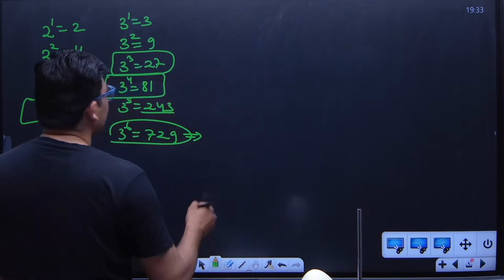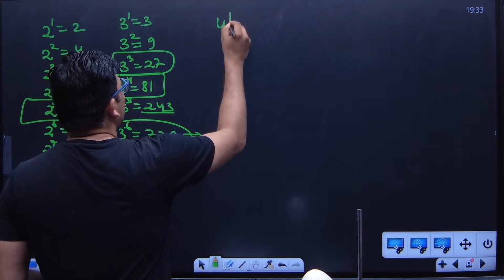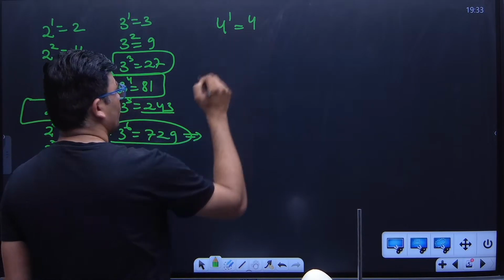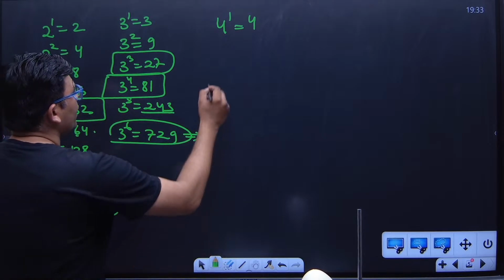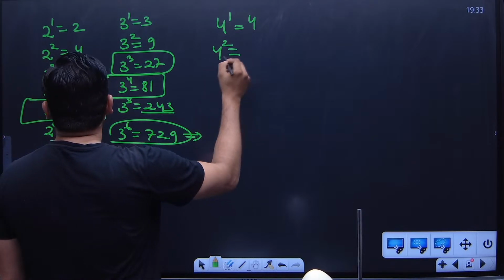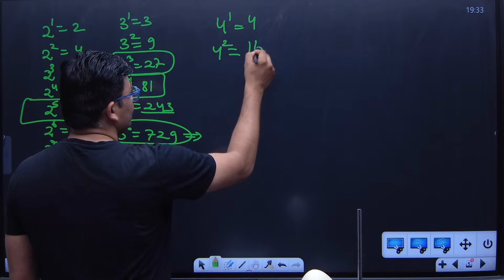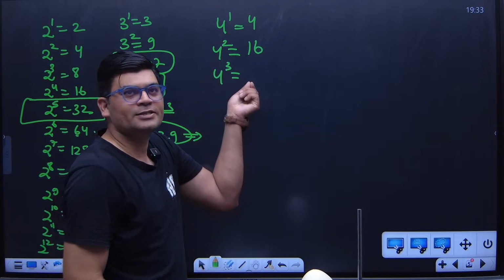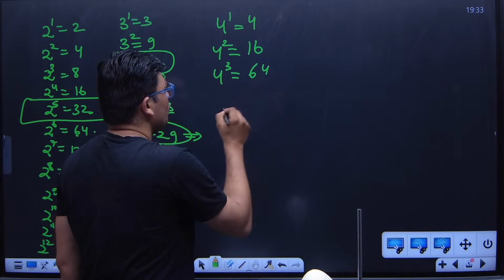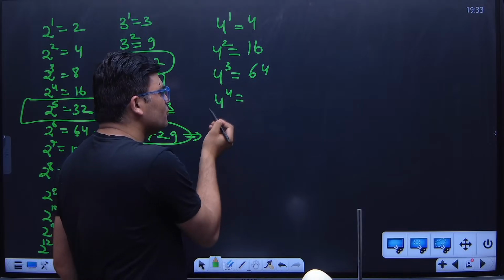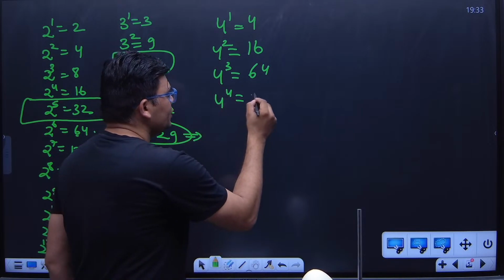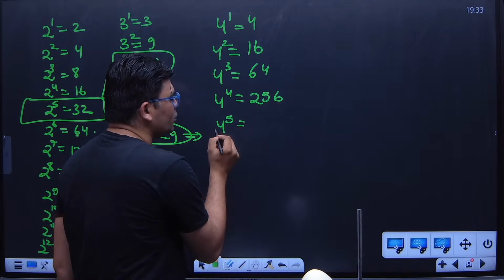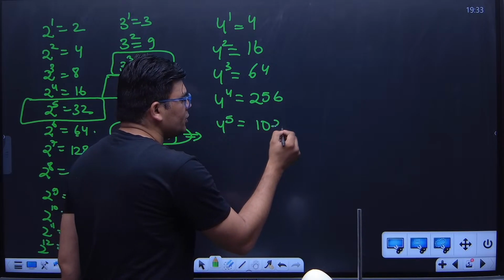Now see this. 4 raised to the power 1 is as good as 2 raised to the power 2, which is 4. 4 raised to the power 2 is as good as 2 raised to the power 4, which is 16. 4 cube is as good as 2 raised to the power 6, which is 64. 4 raised to the power 4 is as good as 2 raised to the power 8, which is 256. 4 raised to the power 5 is as good as 2 raised to the power 10, which is 1024.